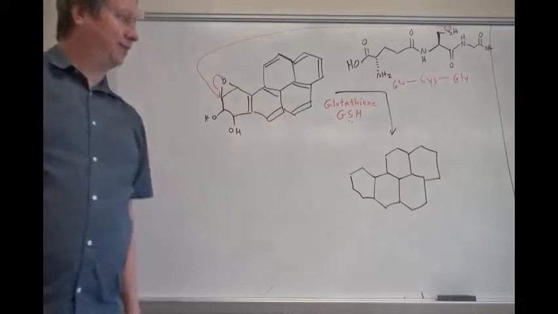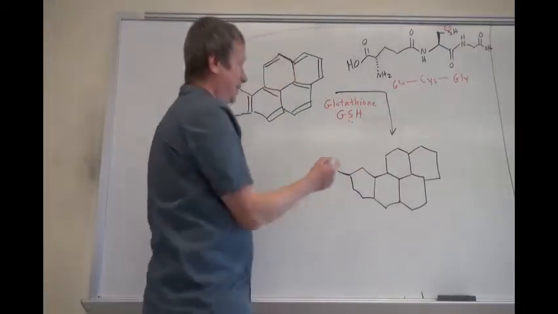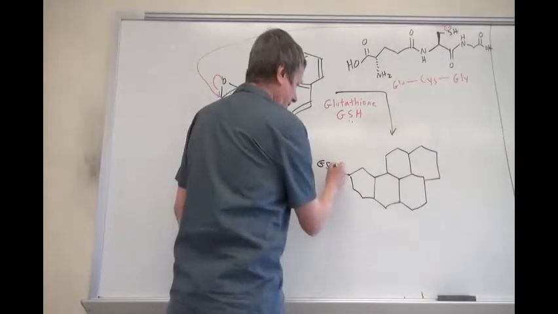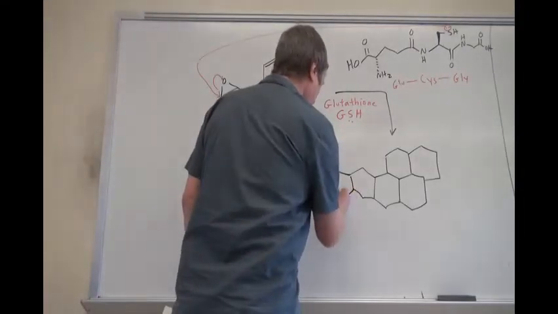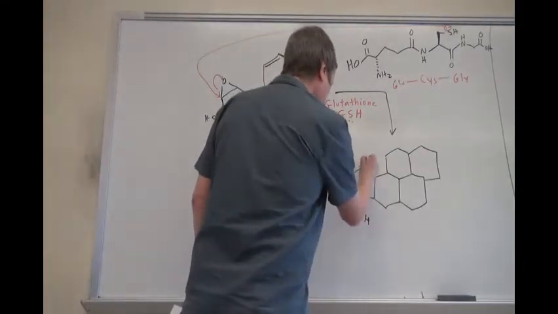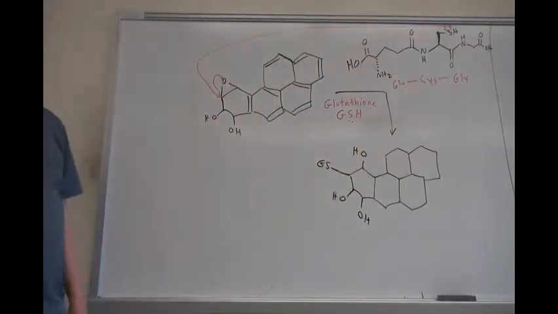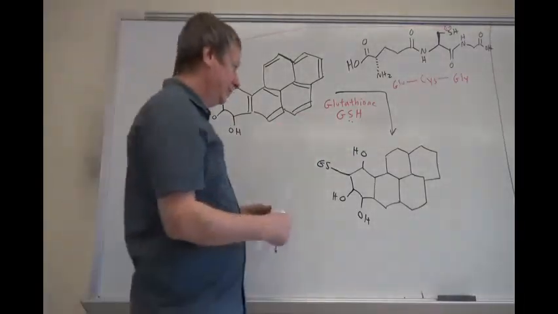Looks like that. So you get the five rings. And then it was GSH, we could call this GS now. GS is everything with that sulfur thing attached. You got some hydroxys. You have GS, which is referring to the whole part, glutathione attached.